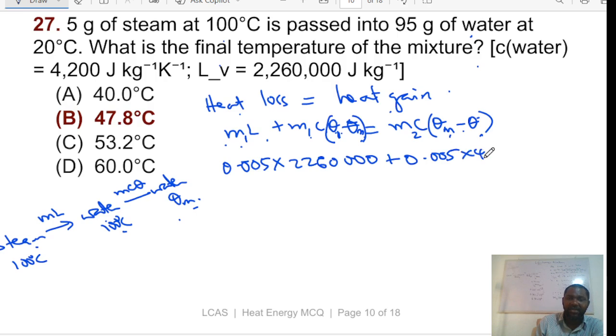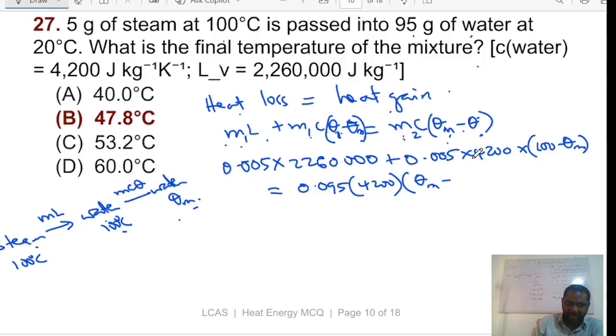Specific capacity is 4,200, times the temperature change, initial temperature 100 minus the temperature of the mixture, which we don't know. This is equal to the mass of the water, 95 grams, which is 0.095, times the specific capacity of water, 4,200, times the temperature of the mixture minus the temperature of the water. The water was initially at 20 degrees Celsius.